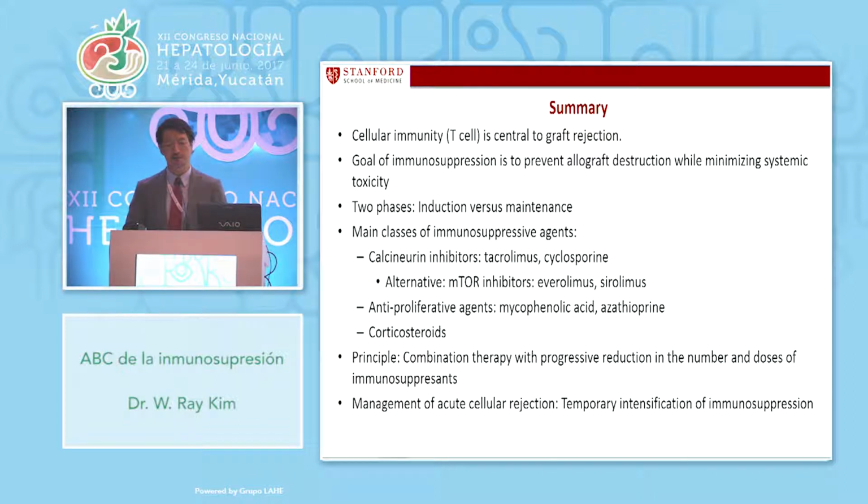The principle here is to combine treatment with a progressive reduction in the number and doses of immunosuppressants. So by the time you're a year, 2, 3 years out, you will need to be on minimum doses of a single immunosuppression drug, hopefully. We talked about management of acute cellular rejection, which consists of temporary intensification of immunosuppression.